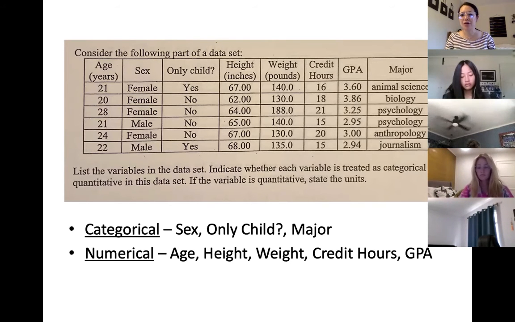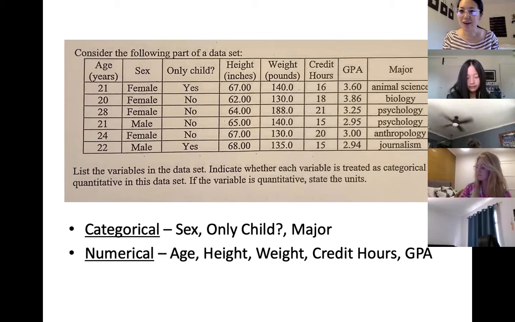Like if I asked you how old are you, you would say 17 years, right? There's years, that's the unit of measurement. Okay, sweet. Any other questions, categorical versus numerical? Okay, good job. Let's continue then.